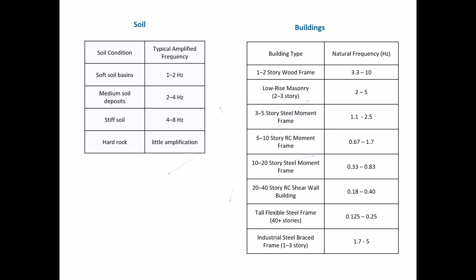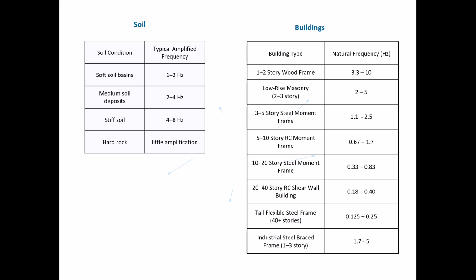And then 10 to 20 story steel frame, steel moment frame, 0.33 to 0.83. And 20 to 40 story reinforced concrete shear wall, 0.18 to 0.4. Tall flexible, like 40 plus stories, steel frame, 0.125 to 0.25. And industrial steel braced frame, 1 to 3 stories, 1.7 to 5.